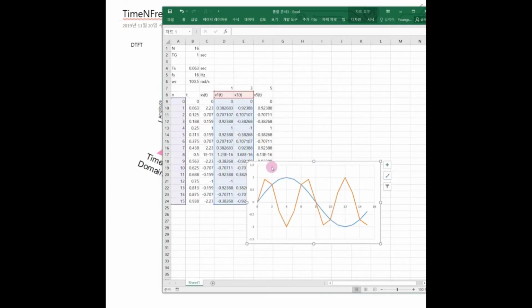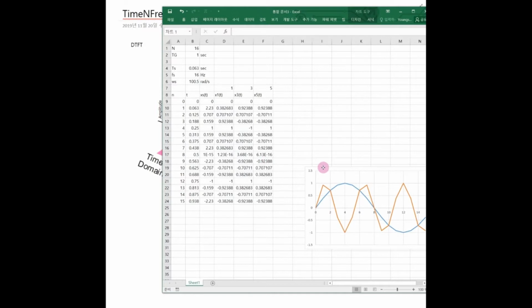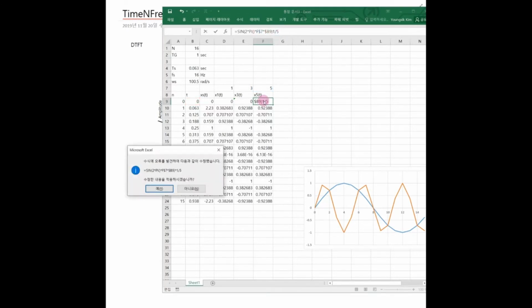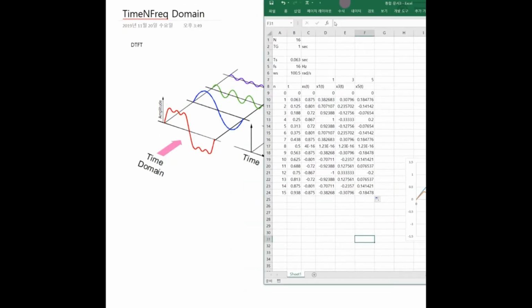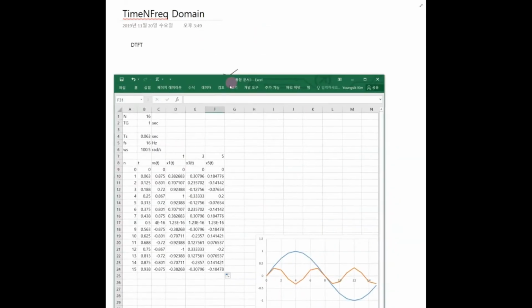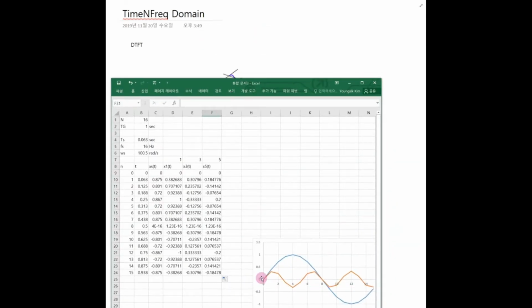The sampling is not that fast, so it shows a little distortion, but the dividing factor is 1/3 for this one and 1/5 for this one. Then it scales down this way. So the blue one is this one, and the third harmonic is this one.